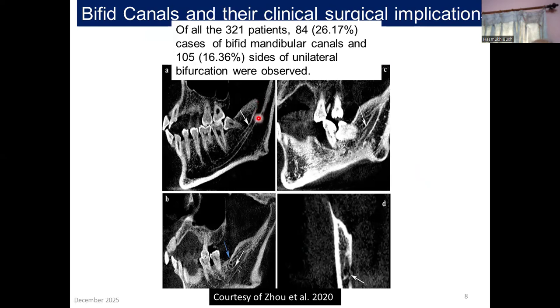Here is one canal, the main one, and the second one at the arrow. Not very clear in this. Let us see the next one. And here, this is the main canal, and this is a branch of it.